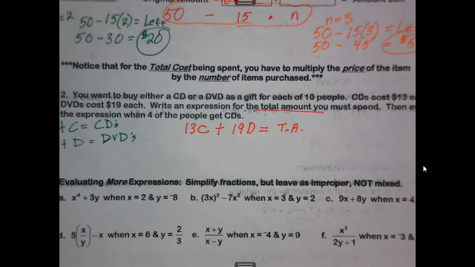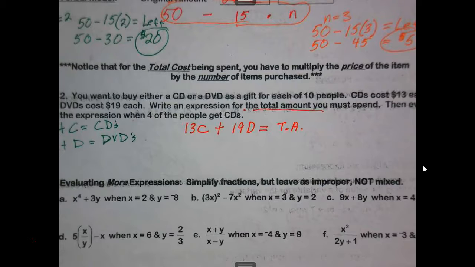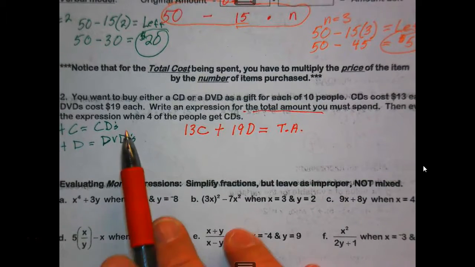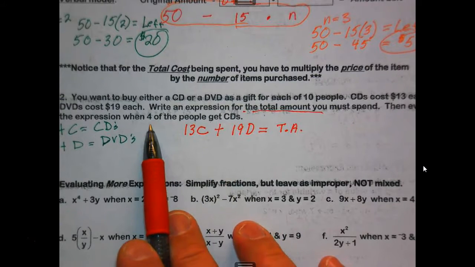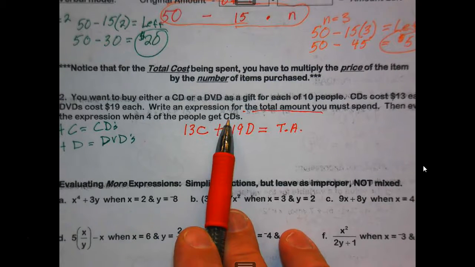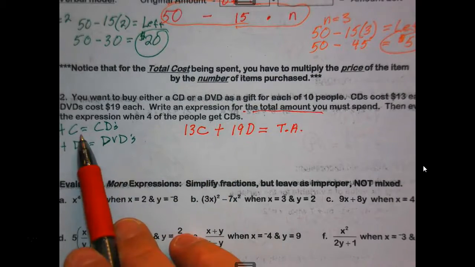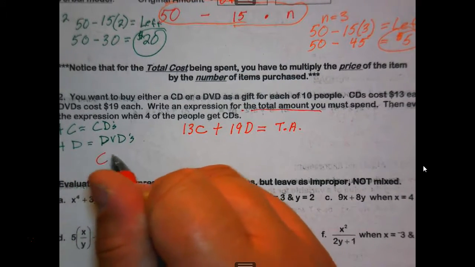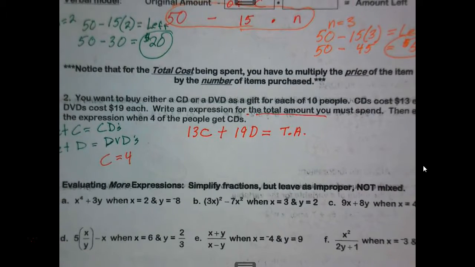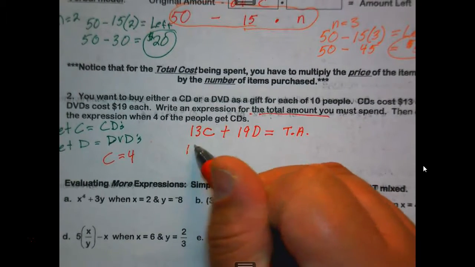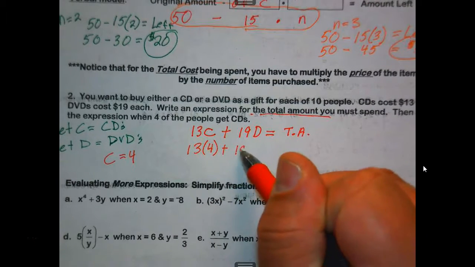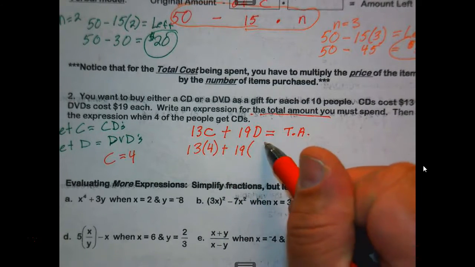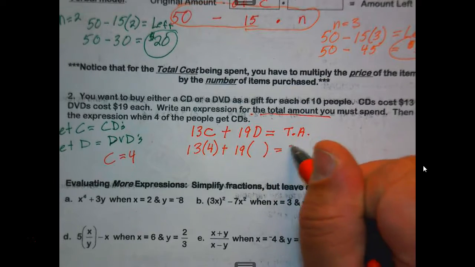Then it says to evaluate when 4 of the people get CDs. What is this telling me? 4 of the people get CDs, so C equals 4. So 13 times 4 plus 19 times the number of people getting DVDs equals my total amount.